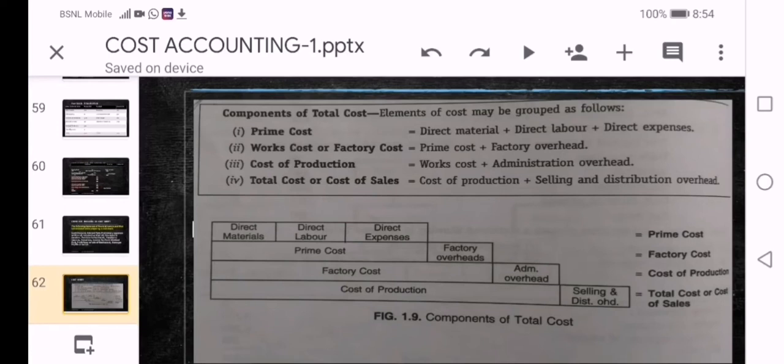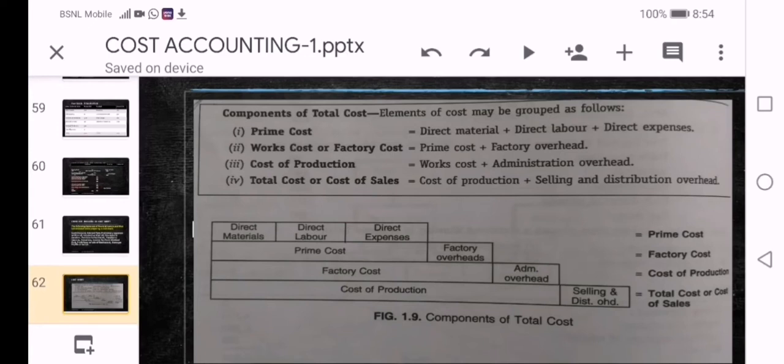Once the work cost is available, take all the items related to administrative and office overheads and add to work cost. Then you will get cost of production. Once the cost of production is available, keep on adding all the overheads related to the selling and distribution area.